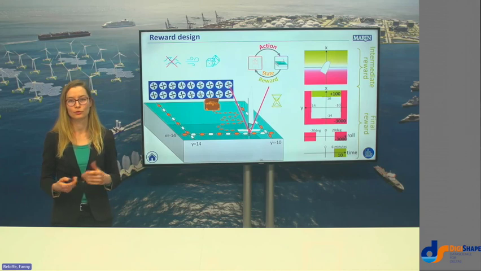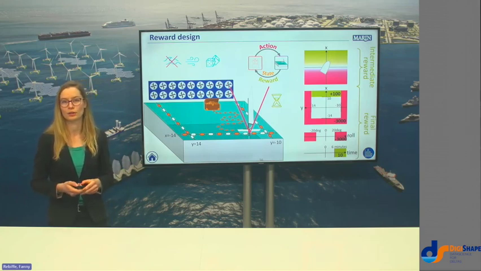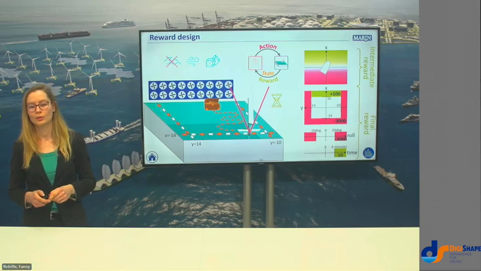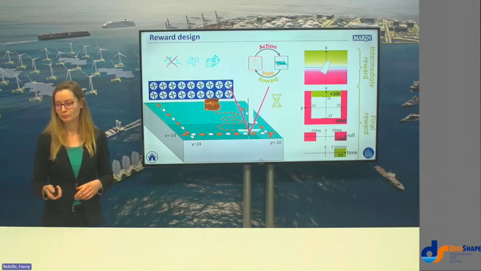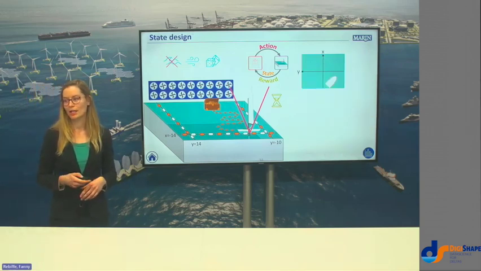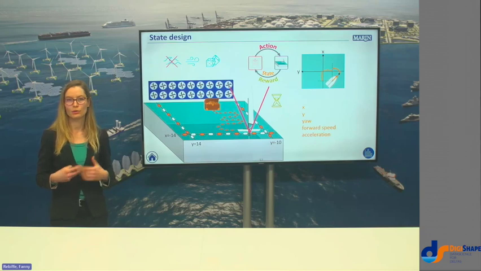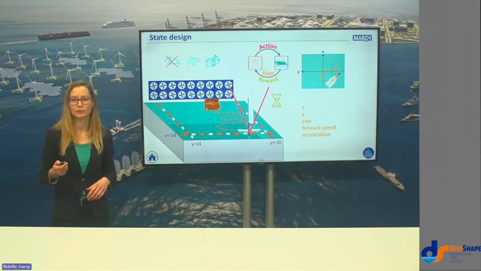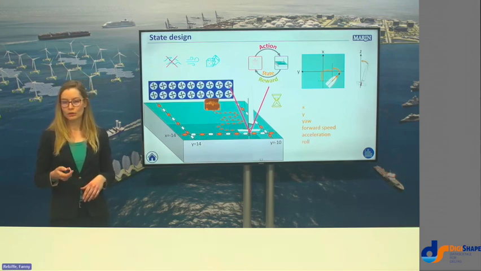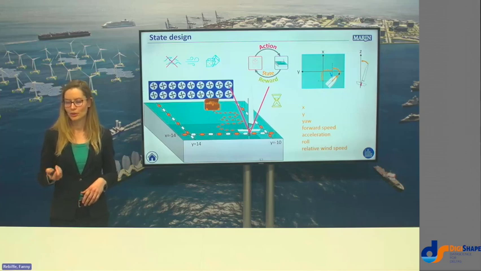And the combination of the two was the return that our agent was trying to optimize. What our agent could see was its position in the basin, its yaw, its forward speed and acceleration, its roll, its wind speed and heading.